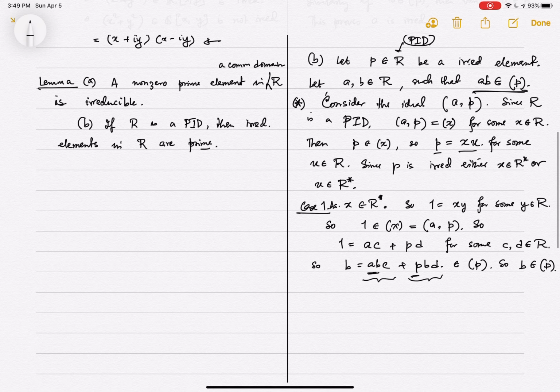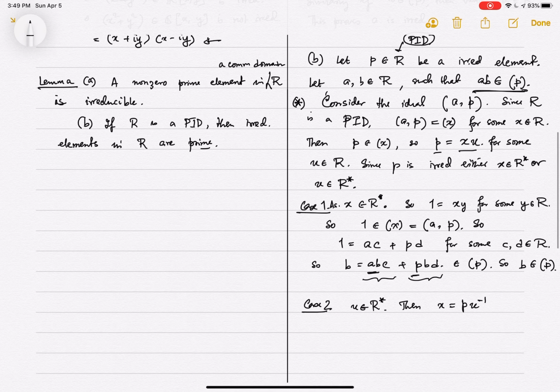And now case 2, that's the easier case, where you assume U is a unit. But then X is P U inverse, because P is X U. And because U is a unit, U inverse exists. So I can write X in here.